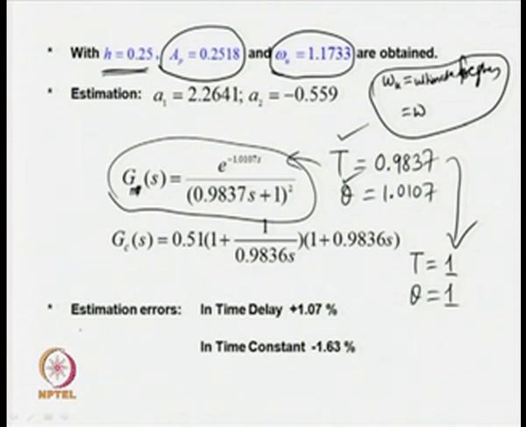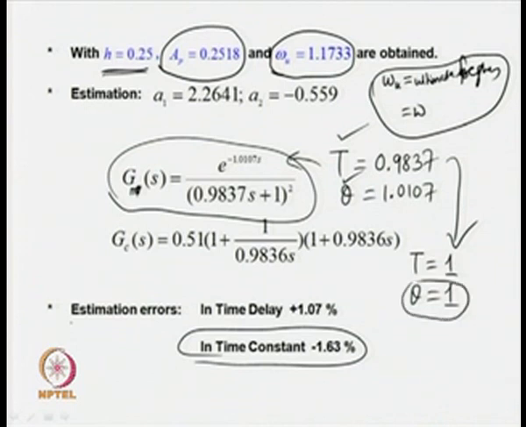Therefore, the estimation is having errors of minus 1.63% in the time constant, and similarly the time delay should have been 1 in place of 1.0107. Therefore, the error with the estimation is now plus 1.07%. So, the estimation errors for time delay is plus 1.07% and for the time constant is minus 1.63%.